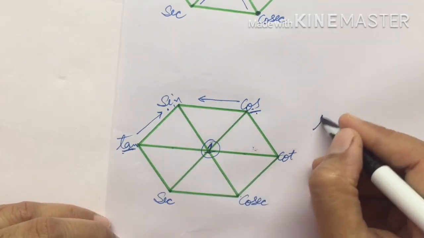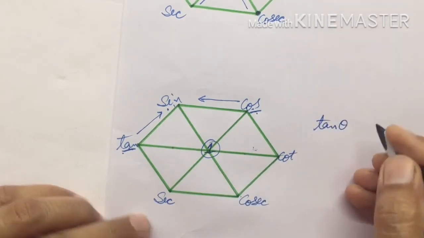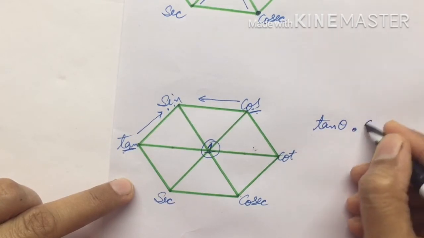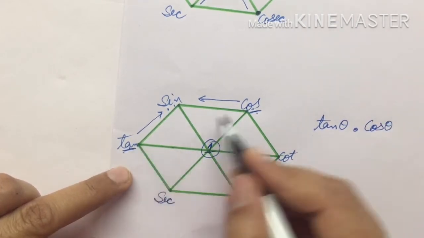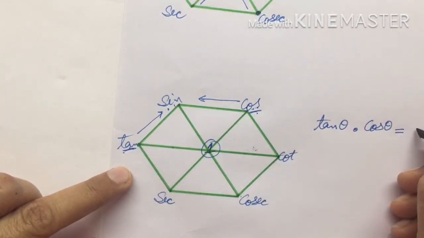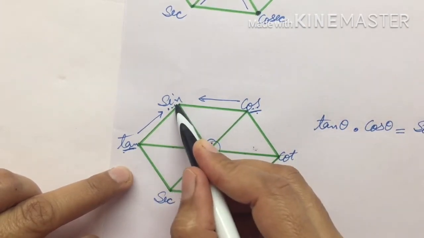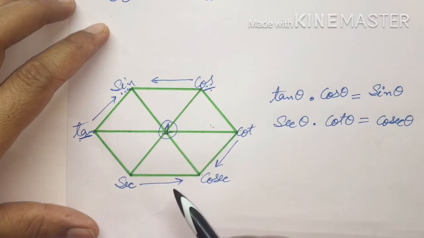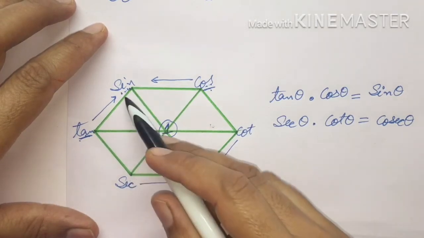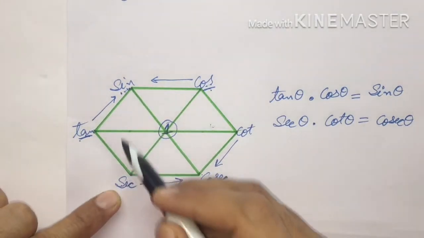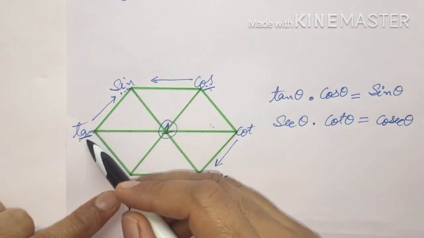So how can we write it? Tan theta multiplied by cos theta, first and third, will be equal to the center one. This is sine in the center. If I multiply secant and cos... secant and the third function, with sine in the center, I will get tan.